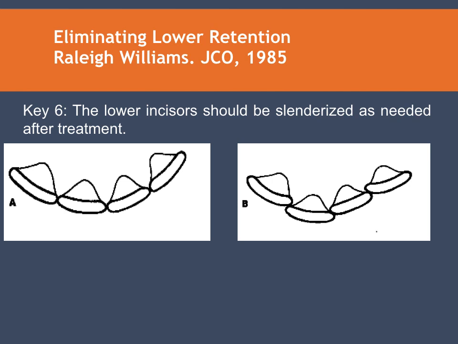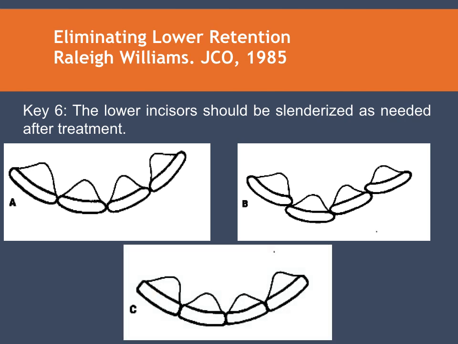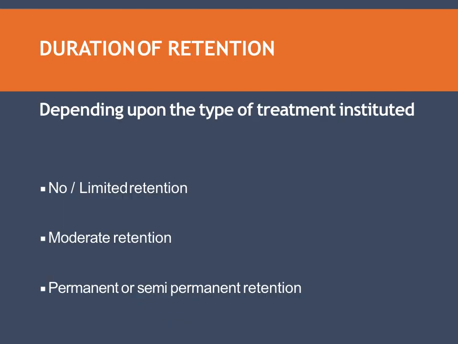If you want more retention, it is always advisable that you increase the contact area and convert these contact points into contact areas instead. So if you do slenderization or proximal stripping of these incisors just before removal of your appliance, your contact area increases. It flattens your contact points and converts them into contact areas, and hence makes your result much more stable.